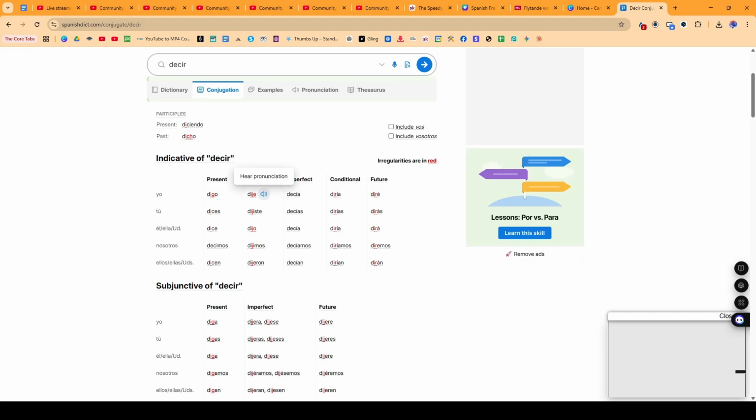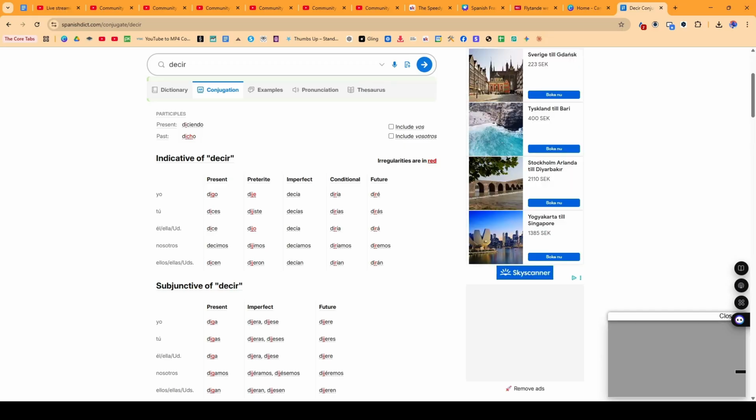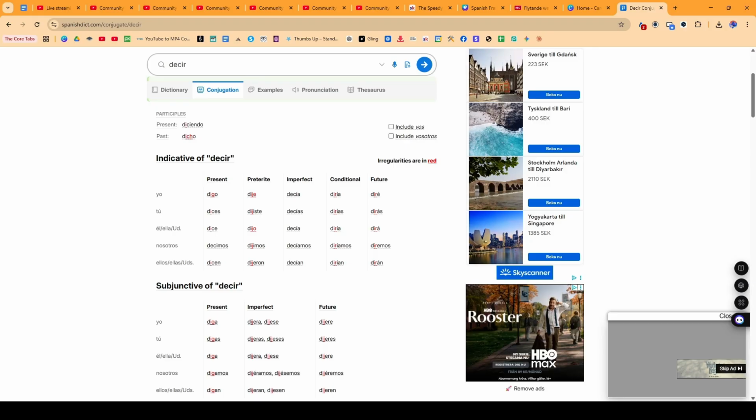You can also see the pattern that it ends in e, and this one ends in iste, o, imos, and eron. Those are actually similar to the regular conjugations of other verbs. So all you do is assume that, okay, if I thought it was deci, but it was dije, I can maybe assume that the tú informal might be something like, I don't know, dijaste, dijiste, dijeste, whatever.